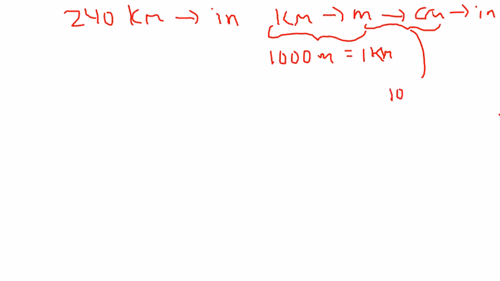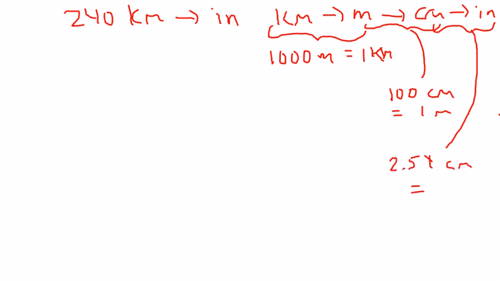Well, there's 100 centimeters in 1 meter, since centi is the prefix for 100 or 1/100th of something. And lastly, I need to know how many centimeters are in 1 inch, and it ends up being 2.54 centimeters equals 1 inch.